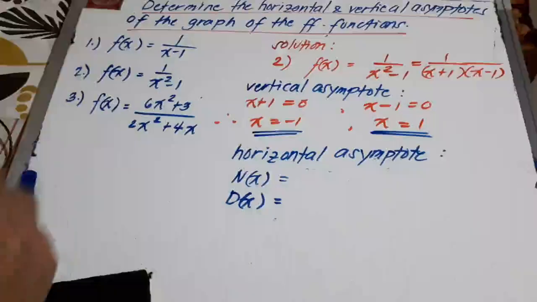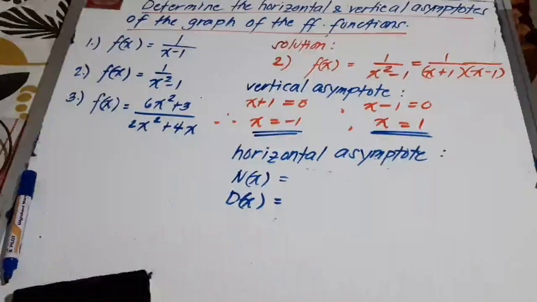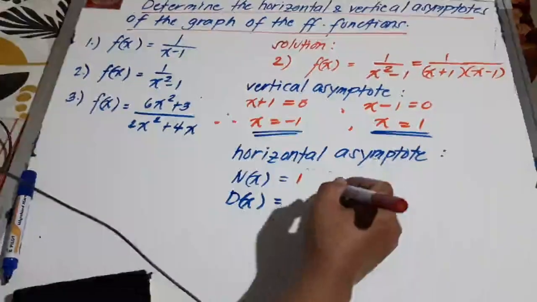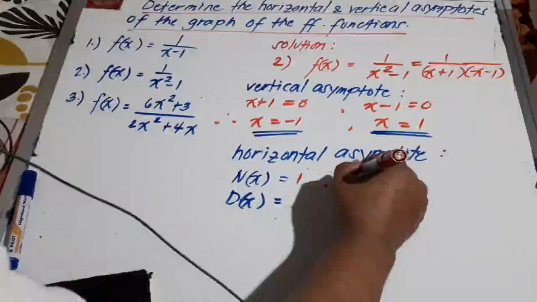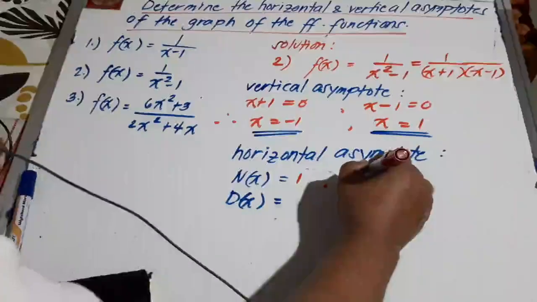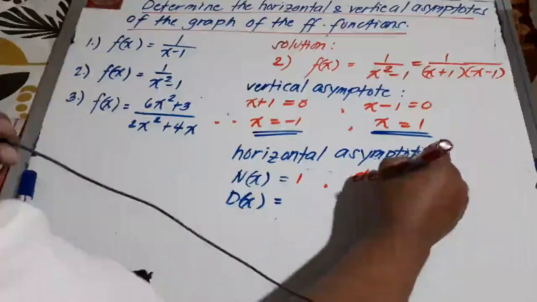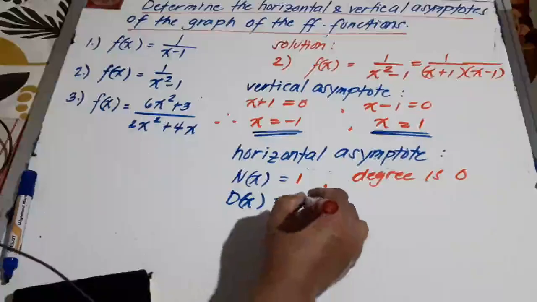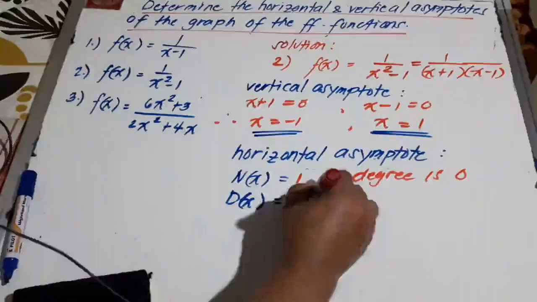For the horizontal asymptote, i-compare lang natin yung degree of x sa numerator sa degree of x sa denominator. N of x is 1, and therefore, ang degree nito 0. Sa d of x, ang degree, we have x squared minus 1.